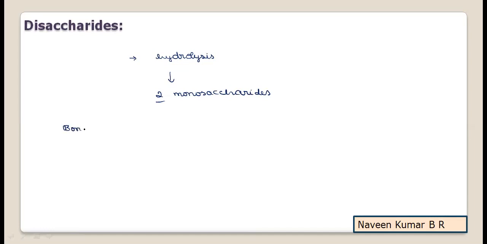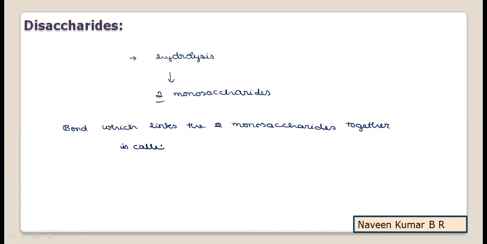The bond which links the two monosaccharides together is called a glycosidic bond or glycosidic linkage.